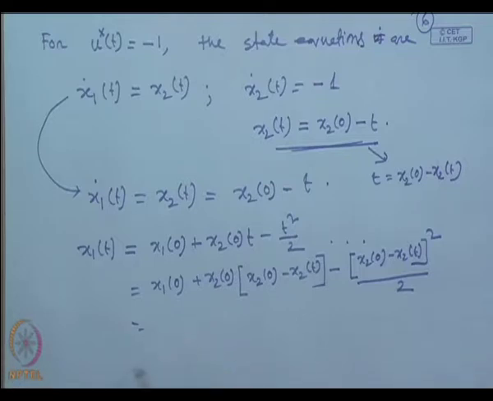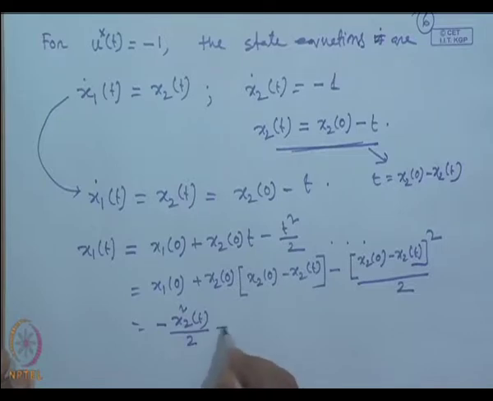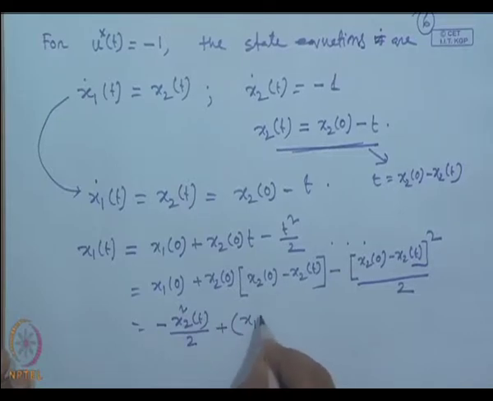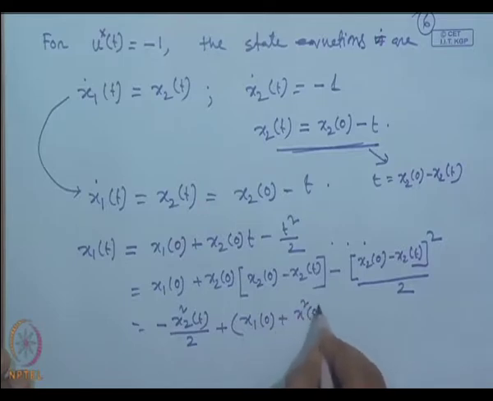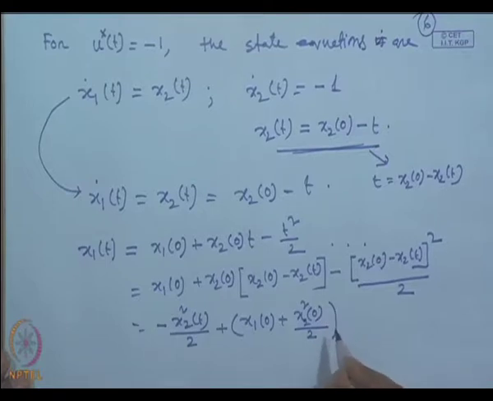So, after simplification, as we have discussed earlier, you will get x1 of t equal to minus x2 square of t by 2 plus x1 of 0 plus x2 square of 0 by 2. See the difference for u equal to minus 1.